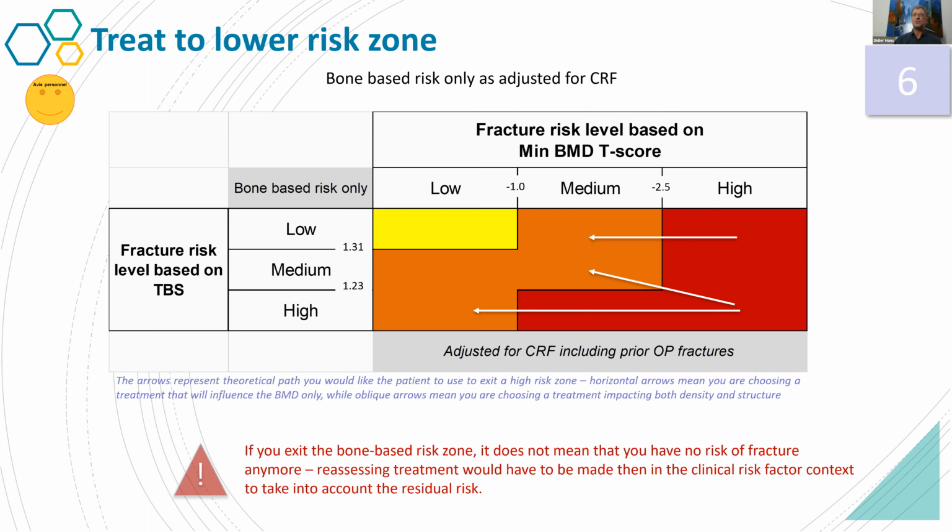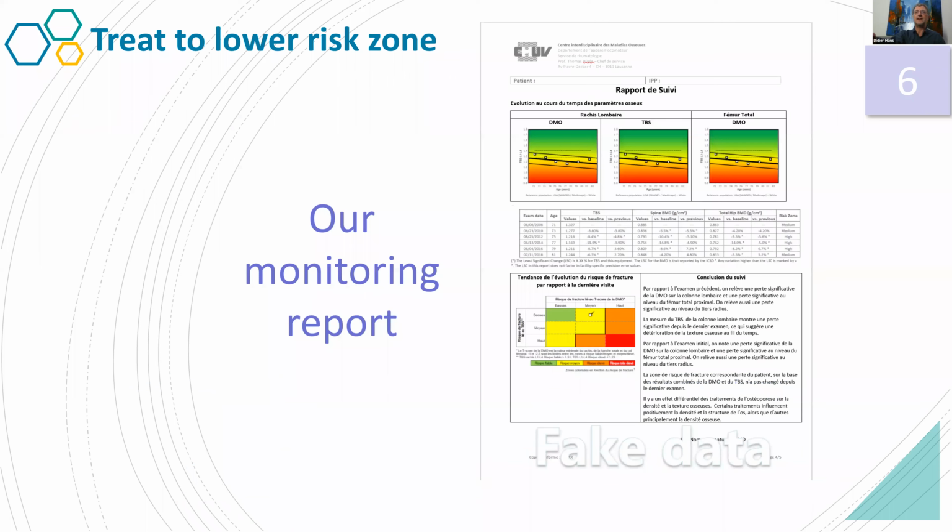That means you reconsider, because, for example, if you had in the past a previous fracture, the residual risk is still there, and you should treat for a longer period of time. Maybe you will decide to go with a moderate drug, or maybe a prophylaxis, or lifestyle, and then maybe a drug holiday for a while and reassess after to reinitiate a treatment if the patient goes back to a much higher risk zone. So that will be up to you to decide in a clinical context.